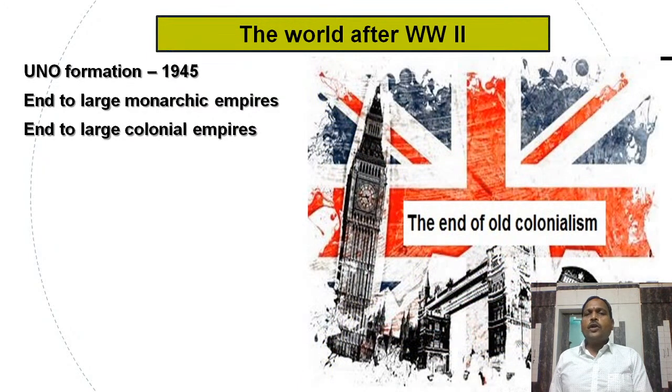Next, an end to large colonial empires. The colonies which were made by the Europeans were liberalized. That means they got liberty, they got freedom from the colonial empire. Because many European countries, Germany, Italy, England and so on, colonized many African and Asian countries all over the world.